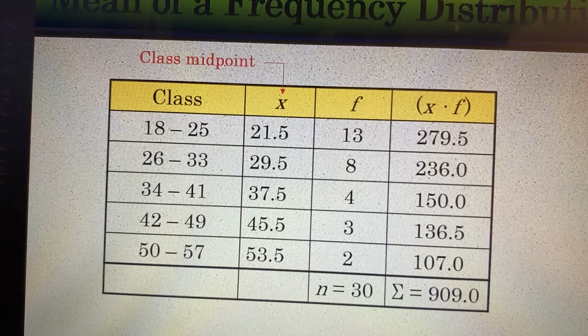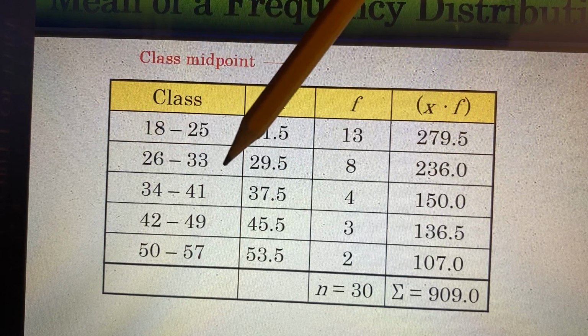To find your class midpoint, you average these two numbers: 18 plus 25, divide that sum by 2 to get your class midpoint of 21.5. So the middle age between 18 and 25 is 21.5. You would do that for all of the classes.